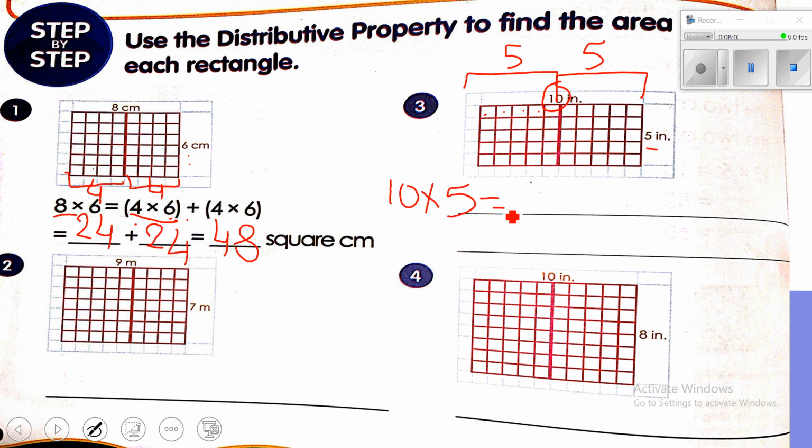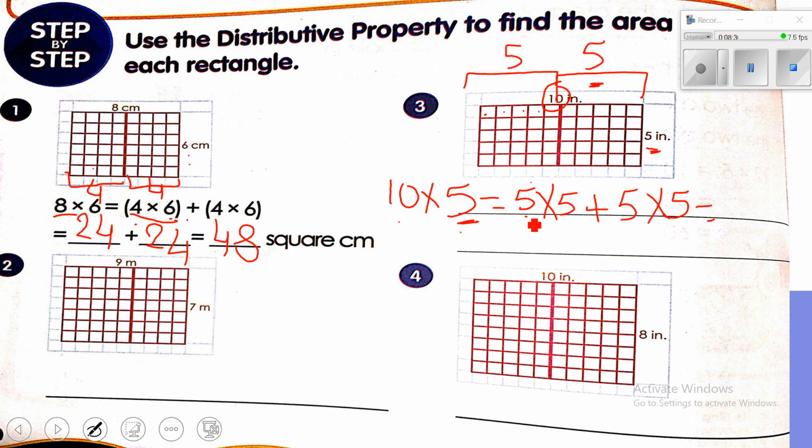I know, teacher, you tell me, okay, teacher, so easy, it's 50, but I have to use this property if I have a big number, which is more than 10. So 10 multiplied by 5: I would take the first part, which is 5, multiplied by 5. Then I add the next part, which is 5 also, multiplied by the same width, which is 5.